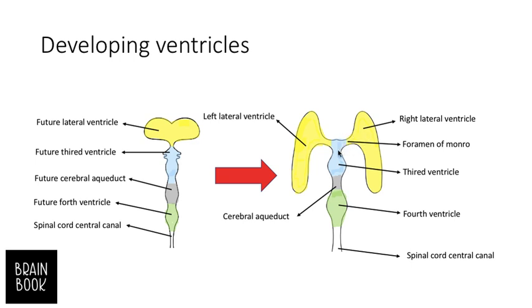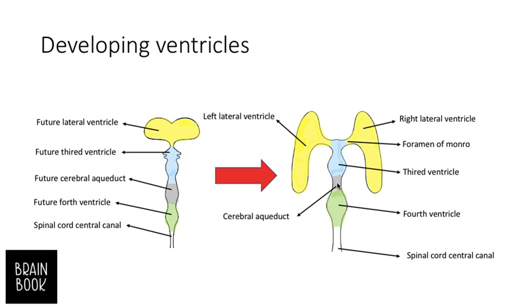Here they are connected, and the cerebrospinal fluid will be here and go through this foramen of Monro. And finally, here will develop to the cerebral aqueduct.